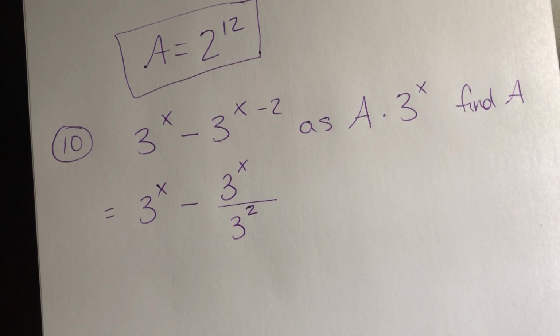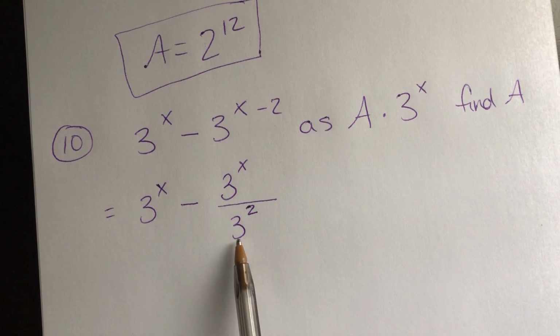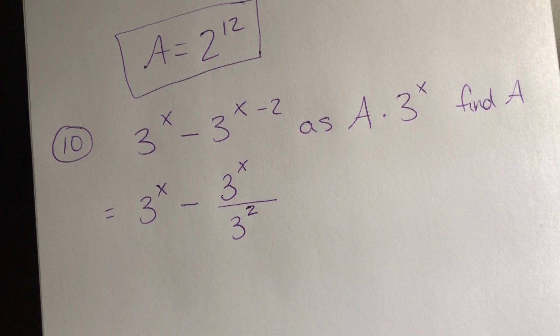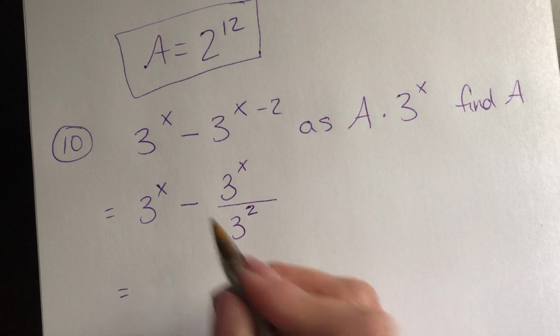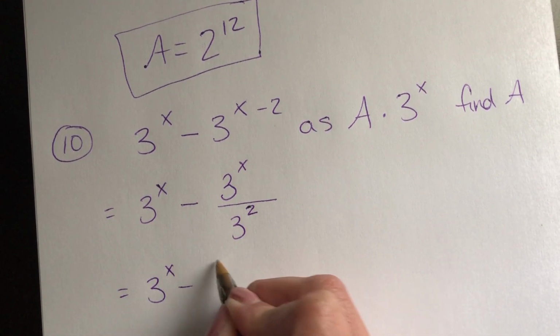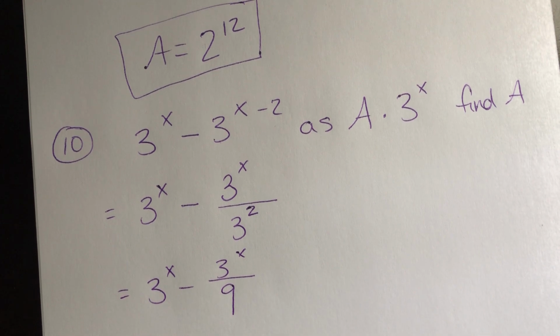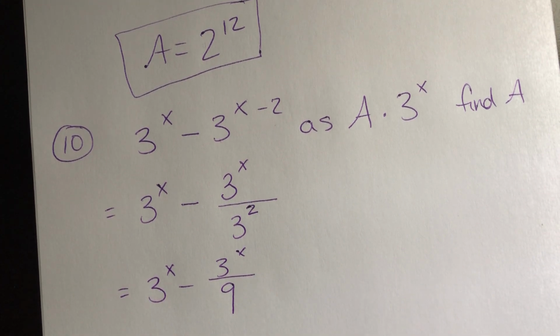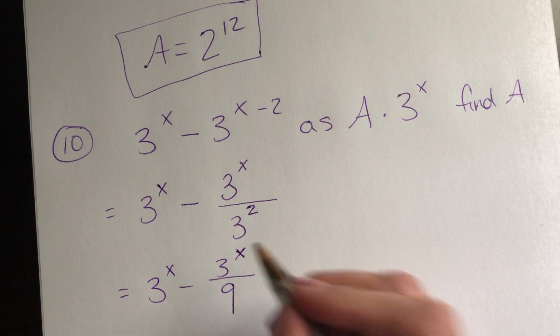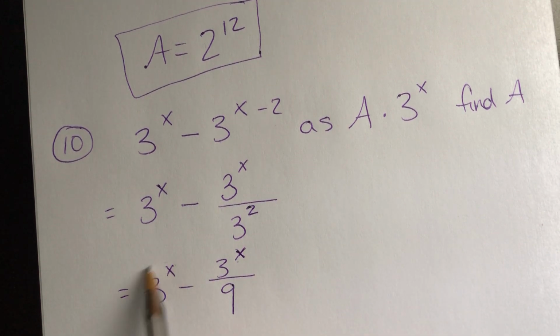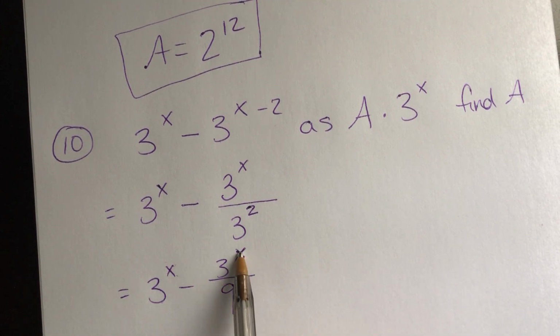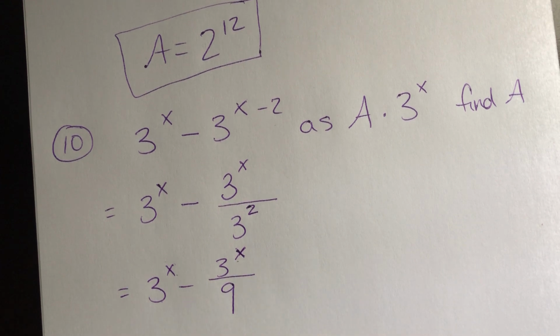So now what I can see is, well, 3 squared, that's 9. So I can rewrite that there. Okay. And now I see that I have here a 3 to the x here and a 3 to the x here. So that is my common factor. I can factor that out.